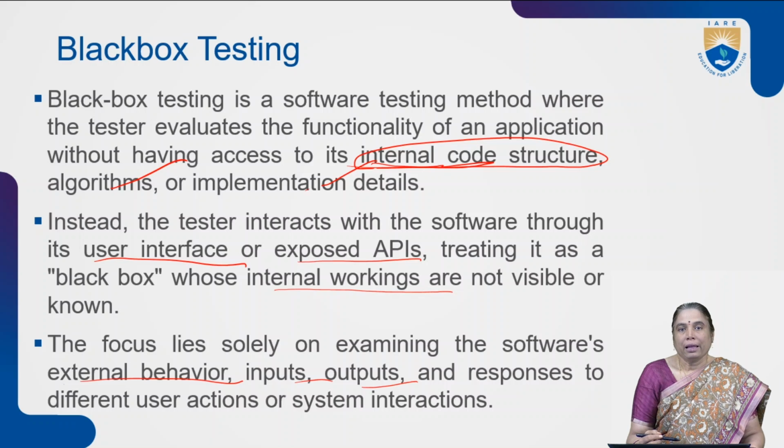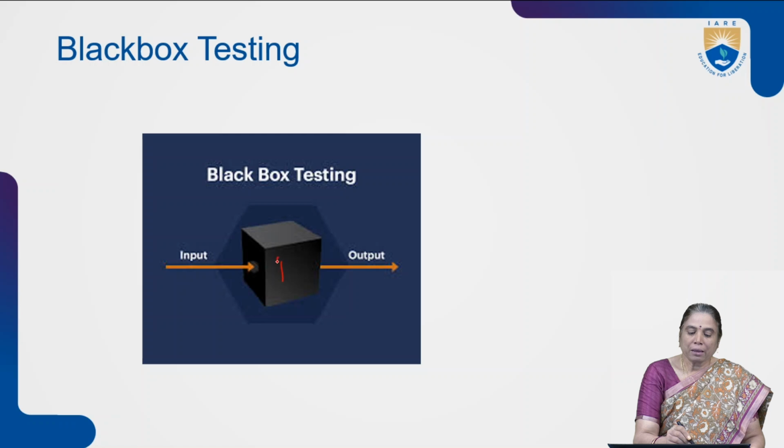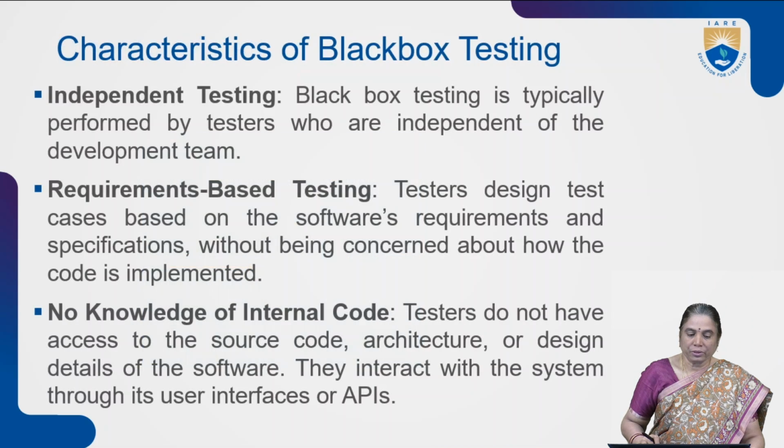So the program structure, internal logic, and algorithm are kept in the black box for which the input is given. The user interactions are focused on, and whether the expected functionality is produced by this code or not is verified with the help of black box testing.